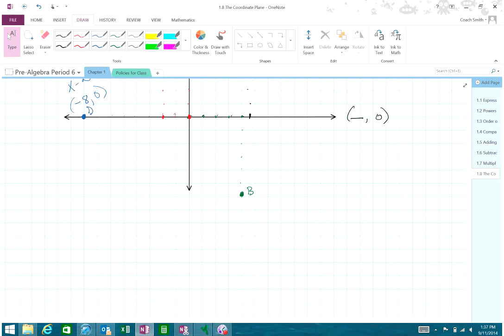Okay, your homework is this, and like I said, it's due Monday, but we're going to go ahead and start working on it now. You have 1.8, 1 through 6, 8 through 24, and 35 through 44.